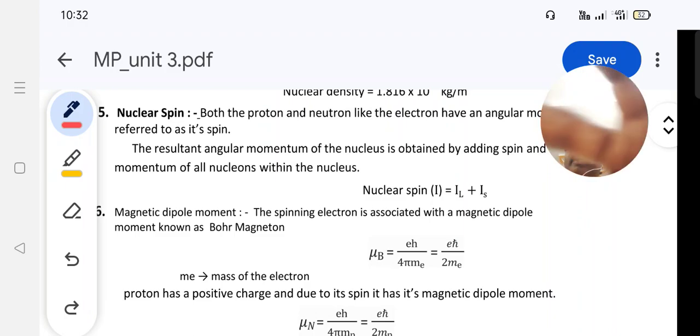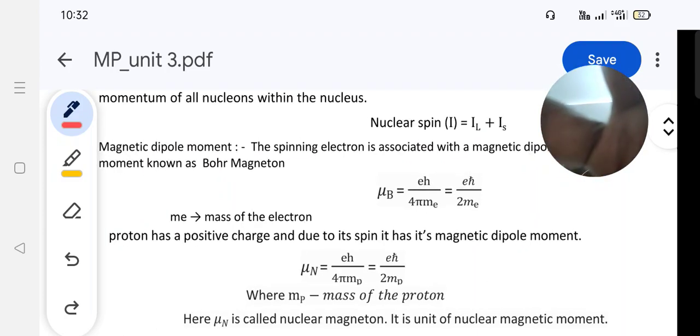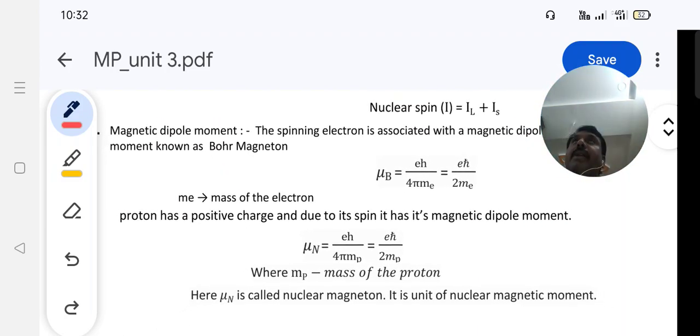The next property is magnetic dipole moment. In spectroscopy, we have studied that a spinning electron has some magnetic dipole moment because of its charge, which is known as the Bohr magneton, and its value is given by mu B equal to eh by 4 pi me, or it can also be written as eh cut by 2 me, where me is the mass of the electron.